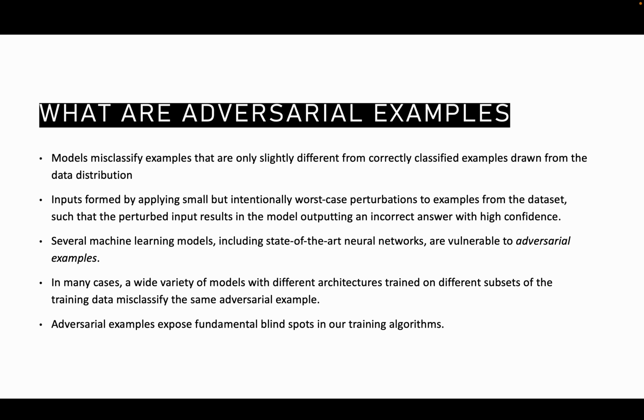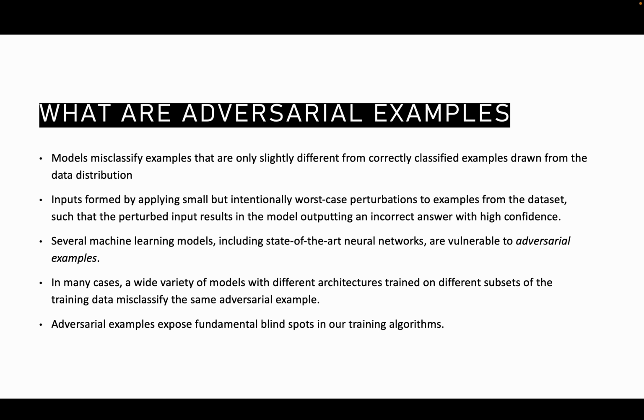Models misclassify examples that are only slightly different from correctly classified examples drawn from the data distribution, and that is what we call adversarial examples. These inputs can be formed by applying small but intentional worst case perturbations to examples from the dataset, such that the perturbed input results in the model outputting an incorrect answer with high confidence.